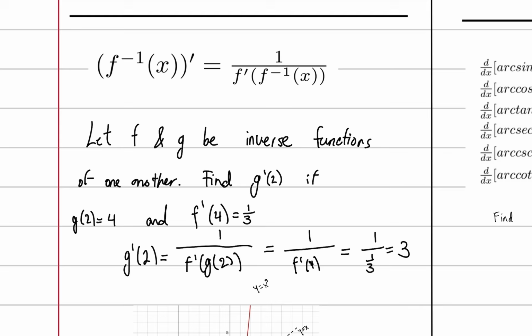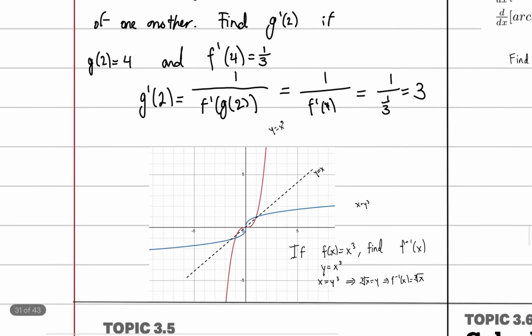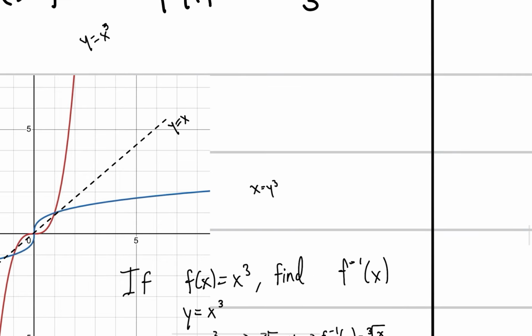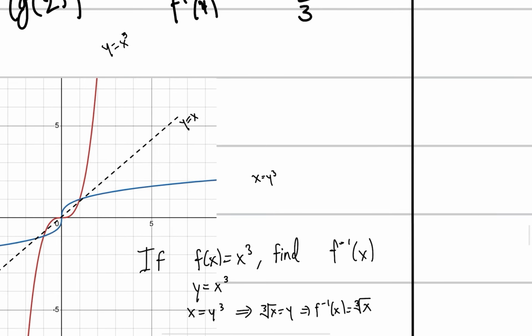So remember this, okay? Take the reciprocal, okay? And once you have that, it's not really going to use the notation. You're just going to say f and g are inverse functions. But once you have that, you'll be able to nail it every single time. Now, if f is x cubed, find f inverse. This is a problem that they might ask that you need to know.